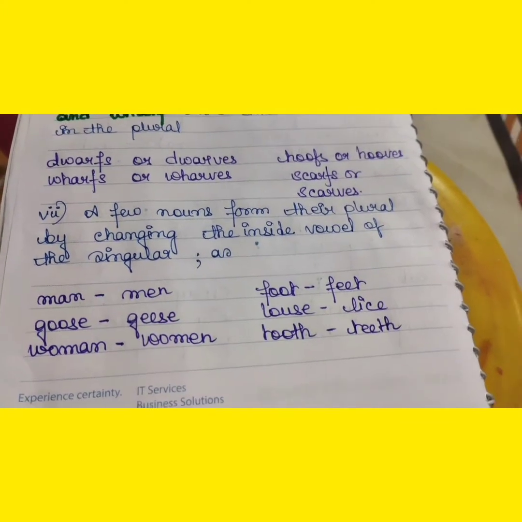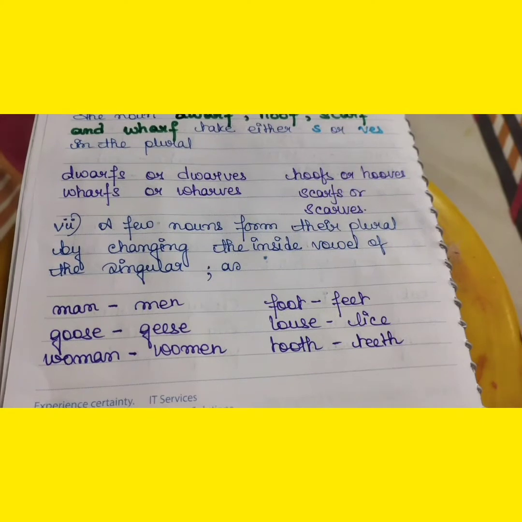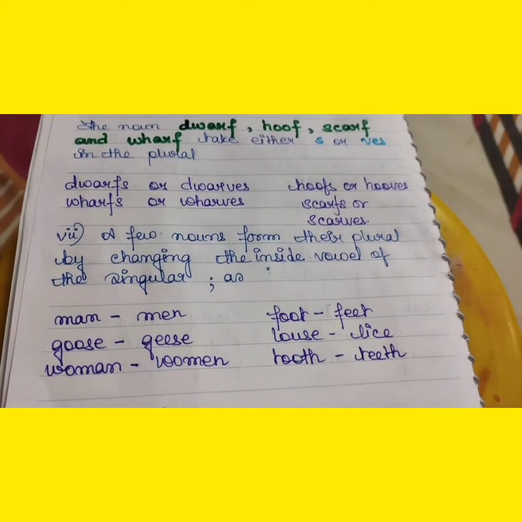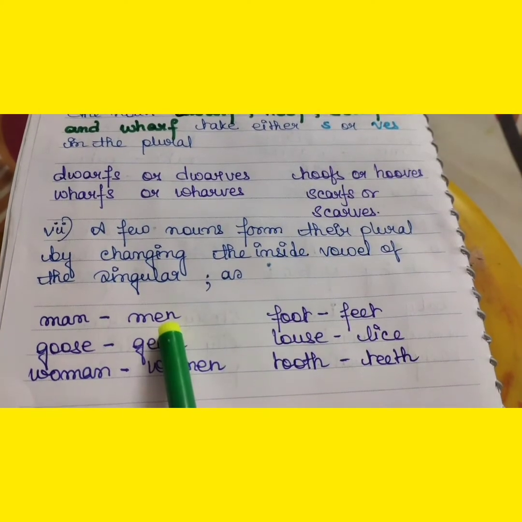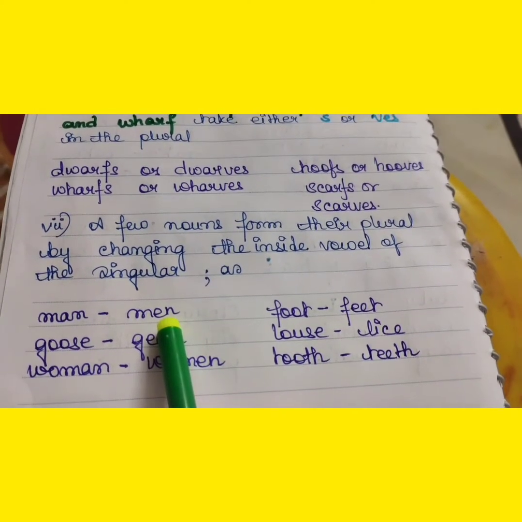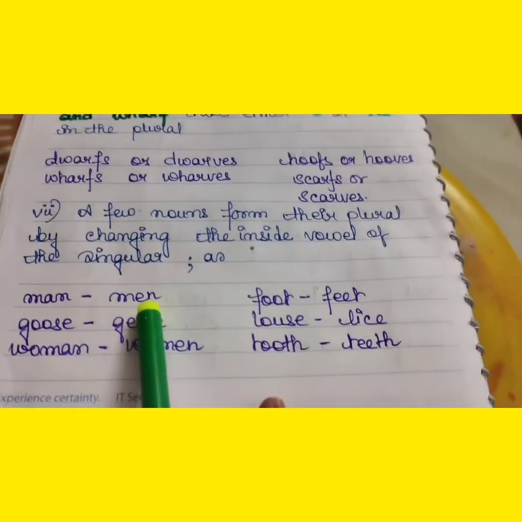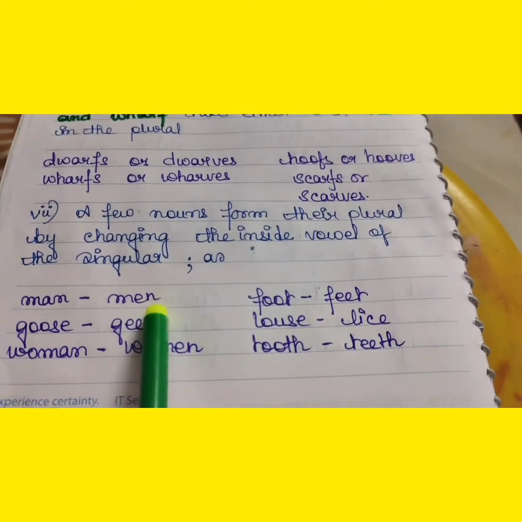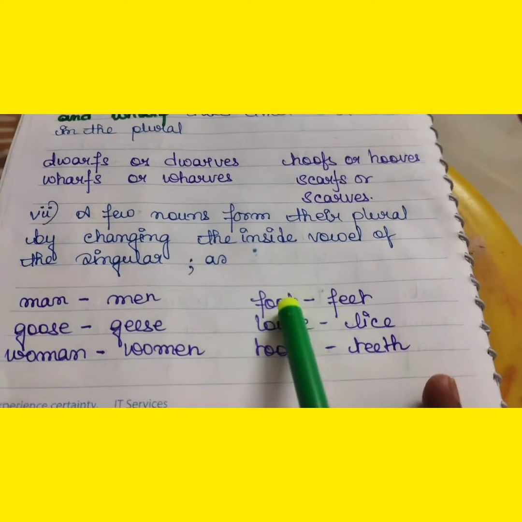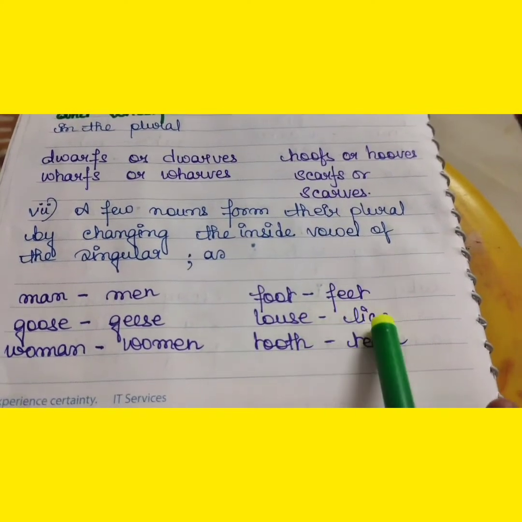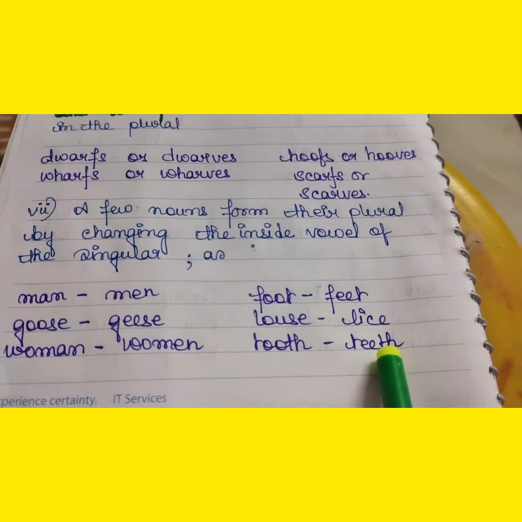We know what a vowel is: a, e, i, o, u are the vowels. So they change the inner vowel of the word, making it into a completely new word. Like man becomes men, goose becomes geese, woman becomes women, foot becomes feet, louse becomes lice, tooth becomes teeth.